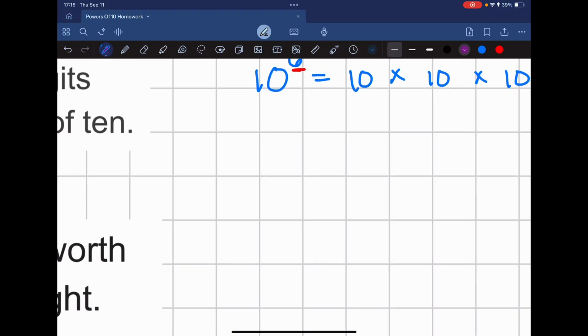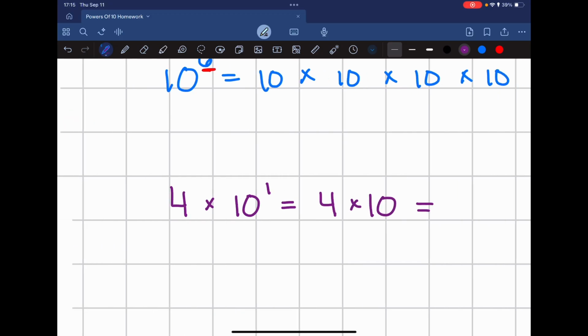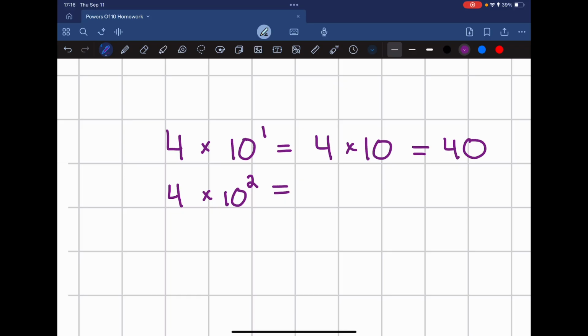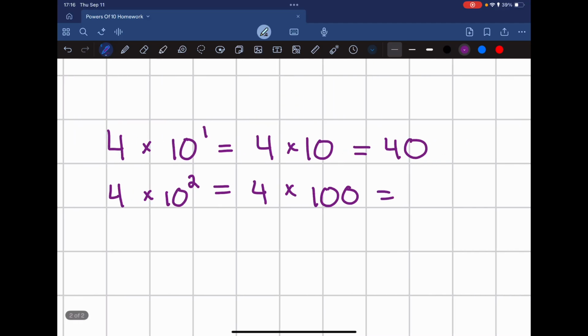Okay, so if I have 4 times 10 to the first power, that is equal to 4 times 10. And 4 times 10, as we all know, is 40. In the same way, if I said 4 times 10 to the second power, that is equal to 4 times 100, and we know that that is equal to 400.